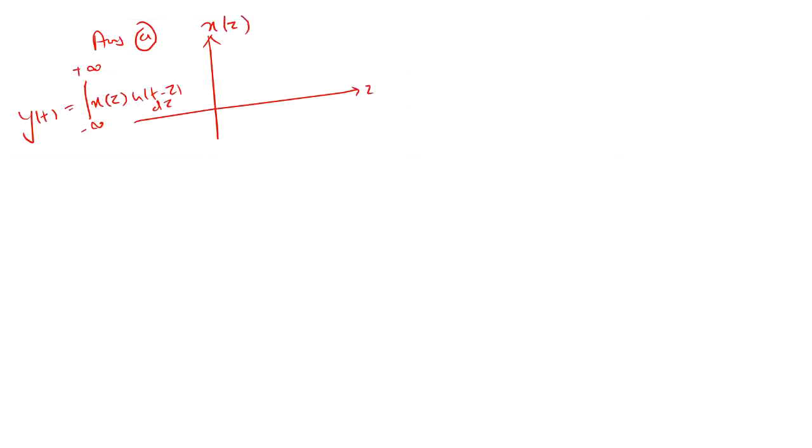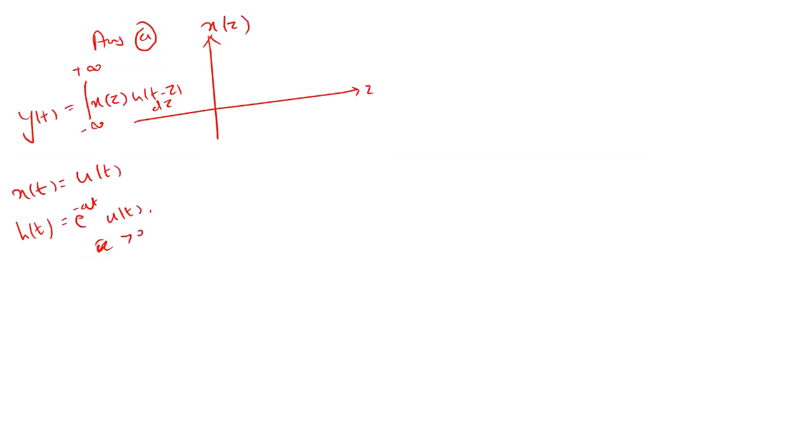So what is x(t)? x(t) is u(t), and h(t) is e raised to the power minus a t times u(t), and a is greater than 0.